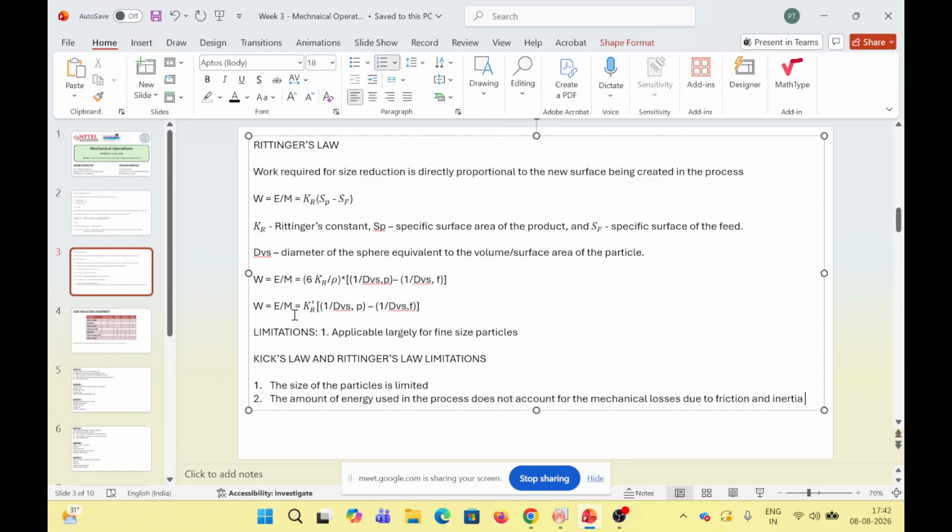Both these laws assume that there is no mechanical loss of energy in the size reduction process. With that assumption, these laws have been proposed, but in real life conditions that is not possible.